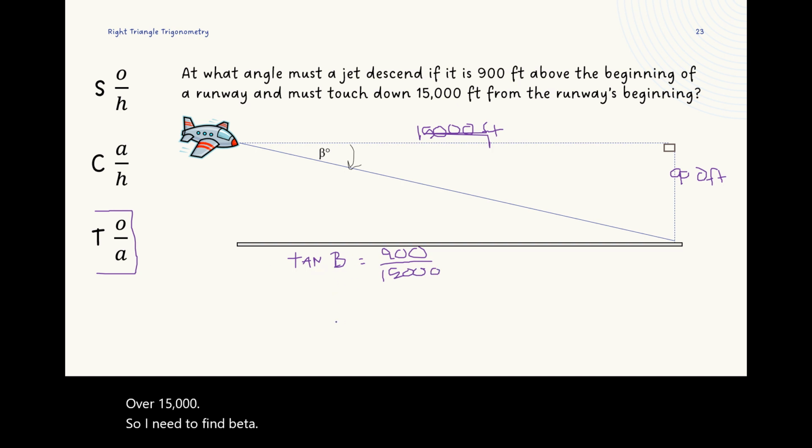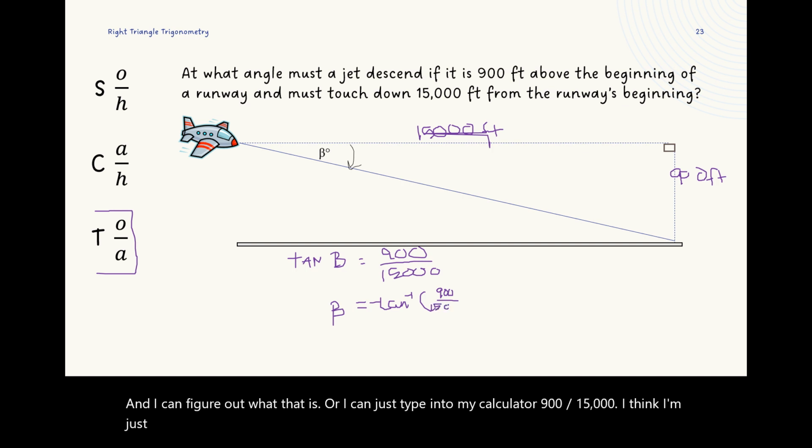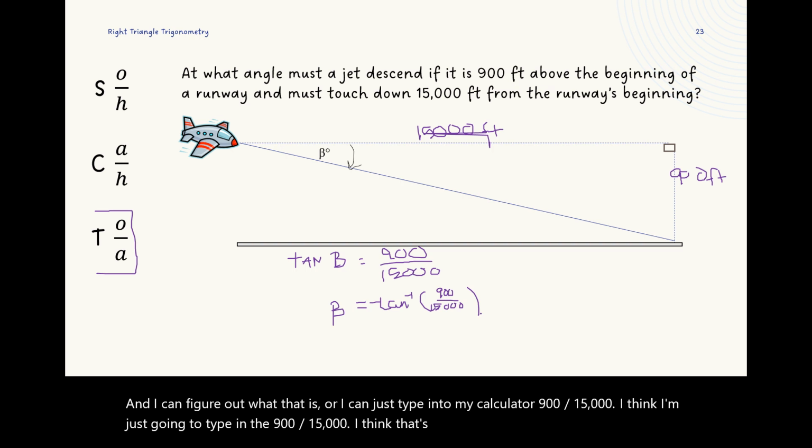I need to undo the tangent. So beta is going to be tangent inverse. And I can figure out what that is, or I can just type into my calculator 900 over 1,500. I think that's just easier.